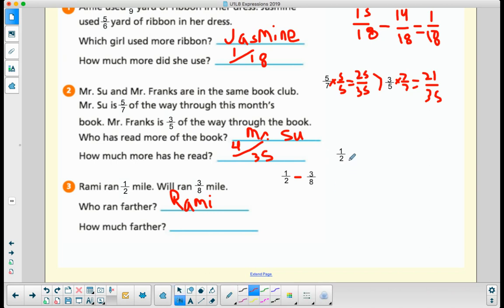So my multiplier is what times 2 equals 8, and that's 4. Now my numerator would be 4. 1 multiplied by 4 is 4. 2 multiplied by 4 is 8.